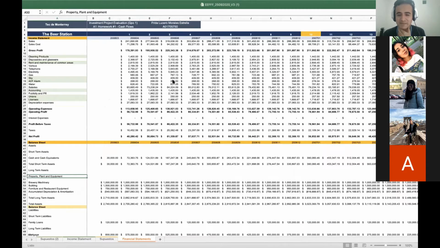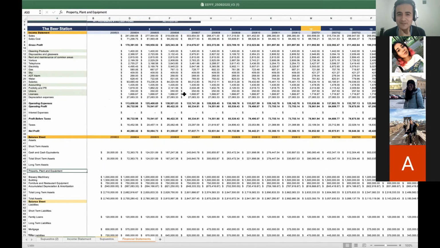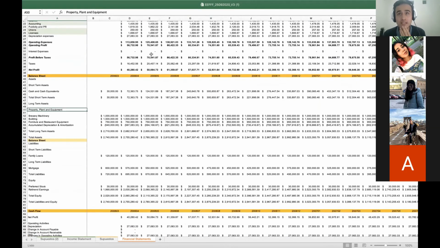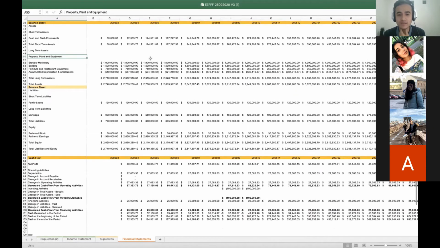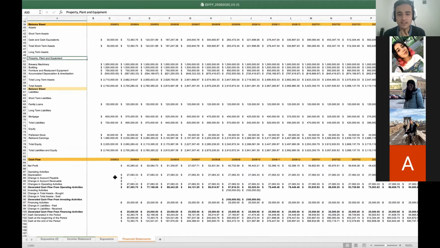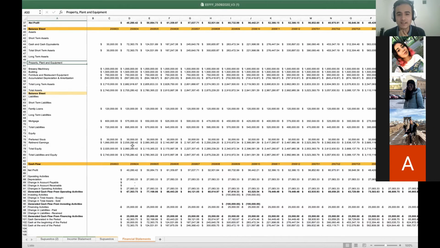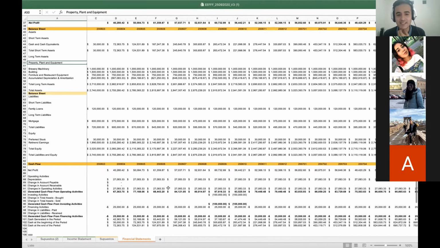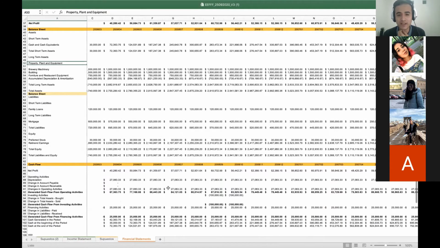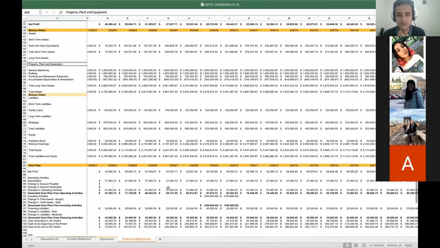Your CapEx investment. What is CapEx investment? I just told you what CapEx investment is. It's investment on assets. So did you see any change on your assets for your cash flow when you were doing your cash flow?